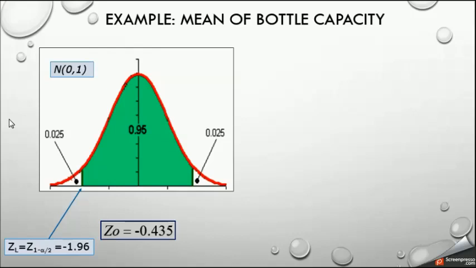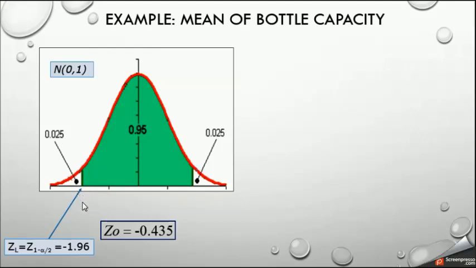Now from the standard normal distribution table, we should look for the value which has an area to the left of 2.5%, or an area to the right of 0.975. 0.975 is the summation of 0.95 and 0.025. So the area to the left will be 2.5% and the area to the right will be 97.5%.